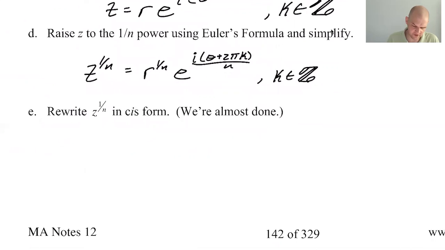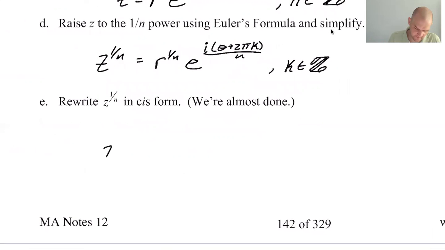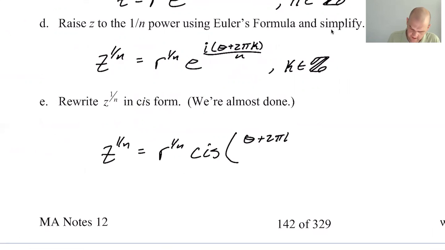So I'm just going to rewrite this. z to the 1 over n is r to the 1 over n, and then cis of (theta plus 2 pi k) over n, where k is an element of the integers.